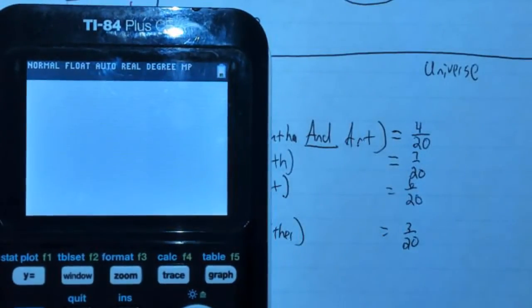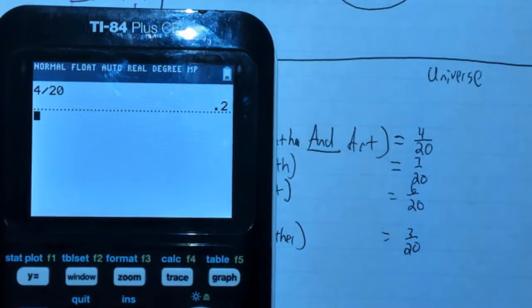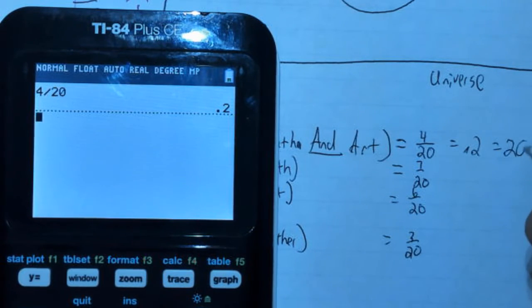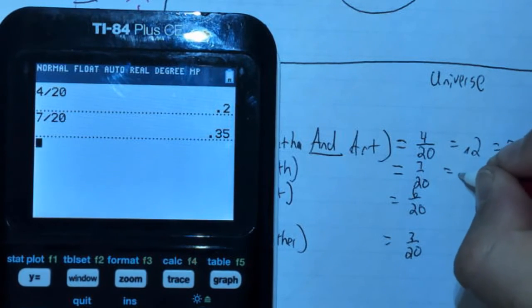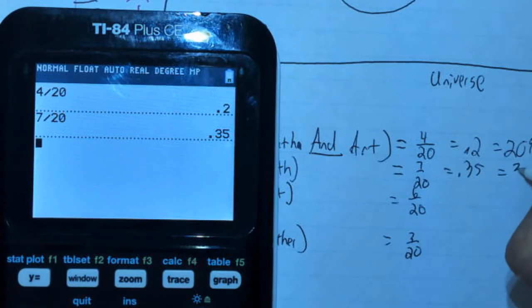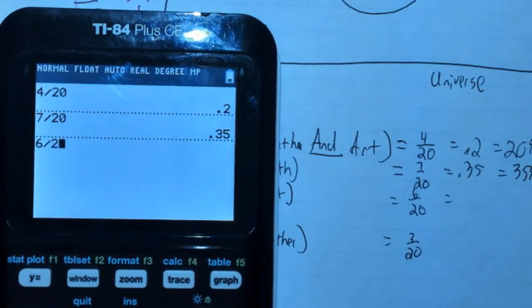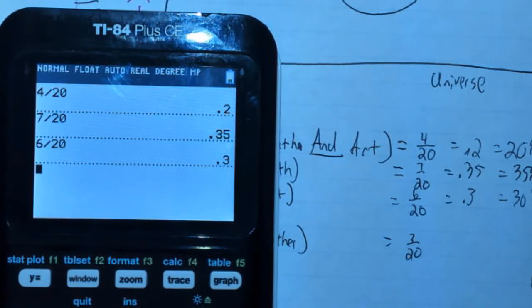All right. So 4 divided by 20 comes out to 0.2 times 100 is 20%. 7 divided by 20 is 0.35, which is 35%. 6 divided by 20 is 0.3, which is 30%.